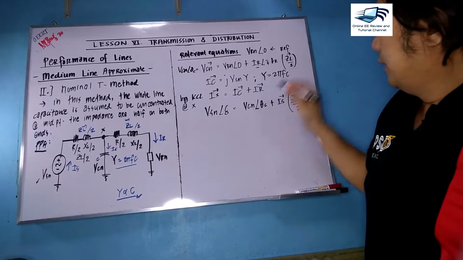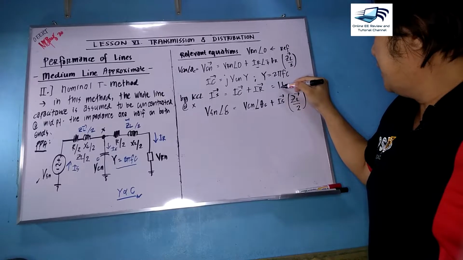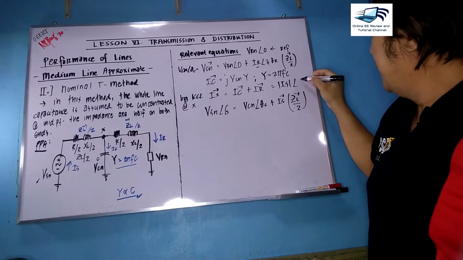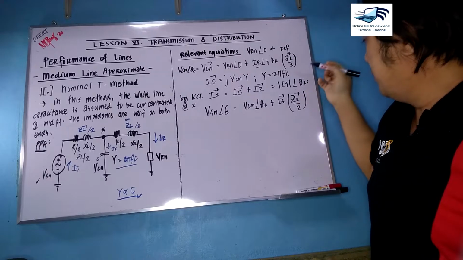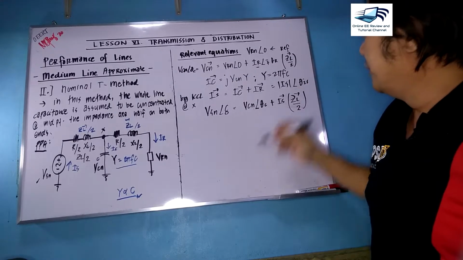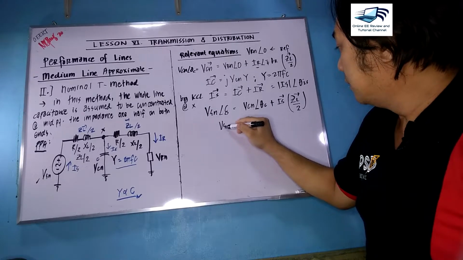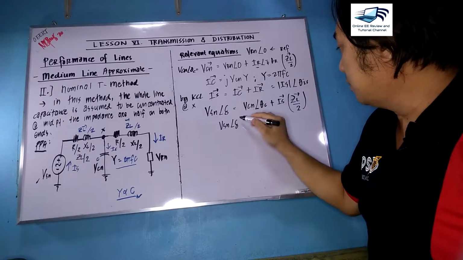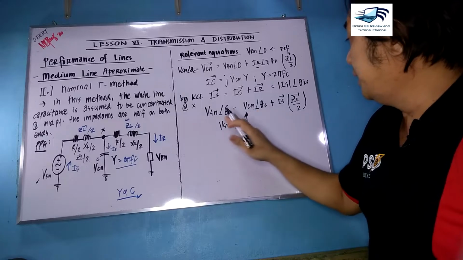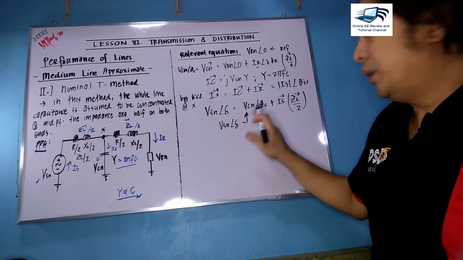So the answer here, for example, is IS with an angle of theta IS, whatever the angle that it will yield. So your VS here, angle alpha, is the result of this equation.